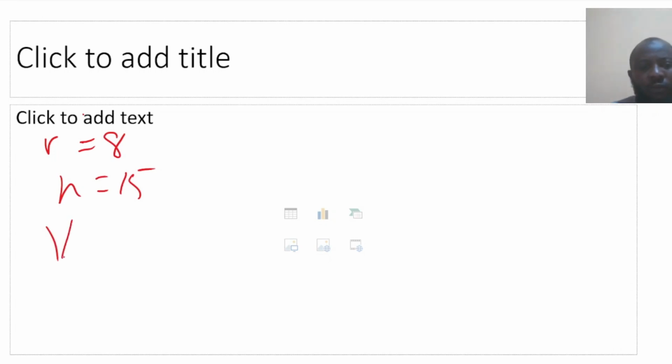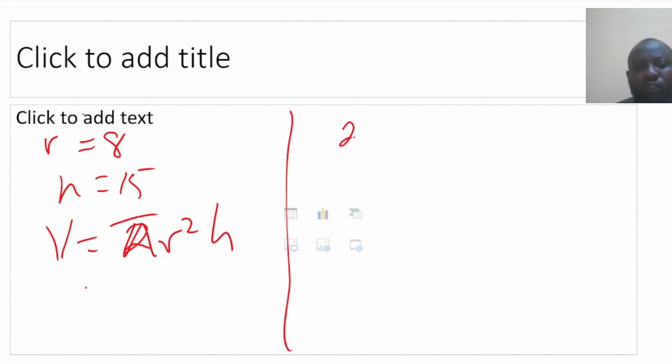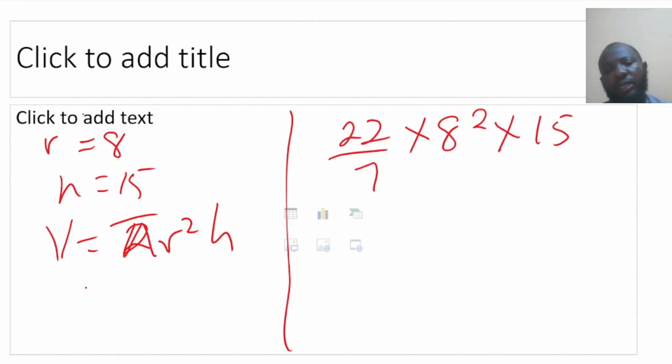So volume of a cylinder is what? Pi r square h. So that is 22 over 7 times the radius, which is 8 squared, times the height, which is 15. So we can as well do that. That is 22 times 64 times 15.